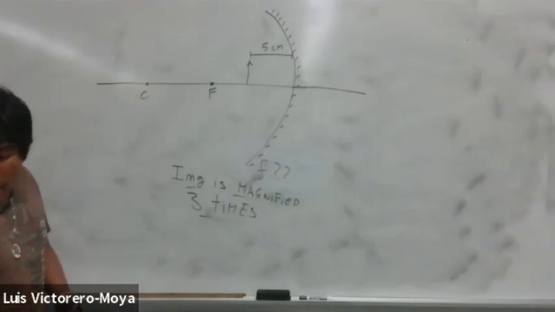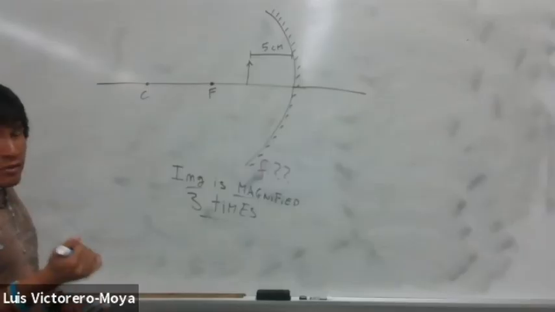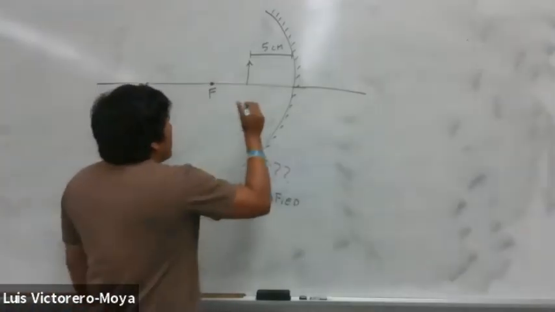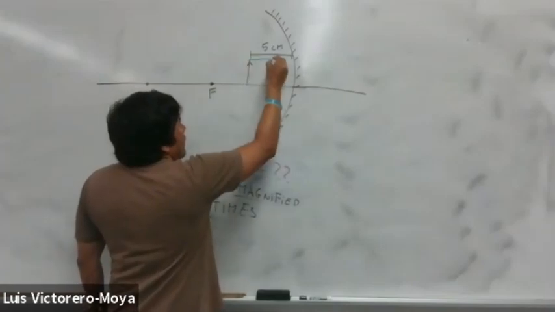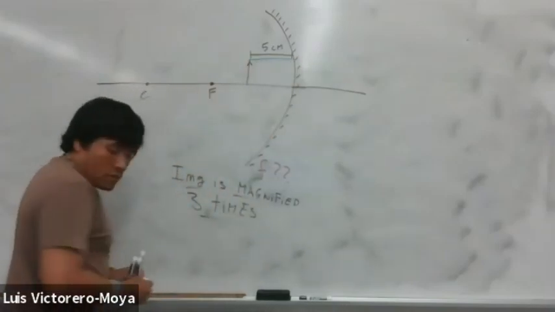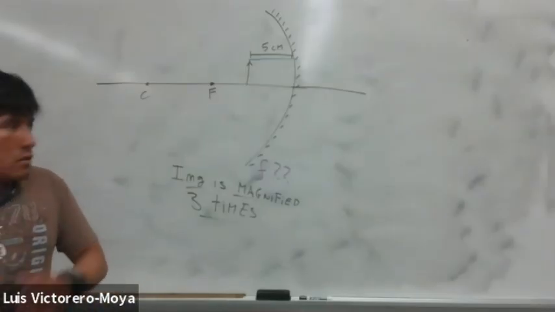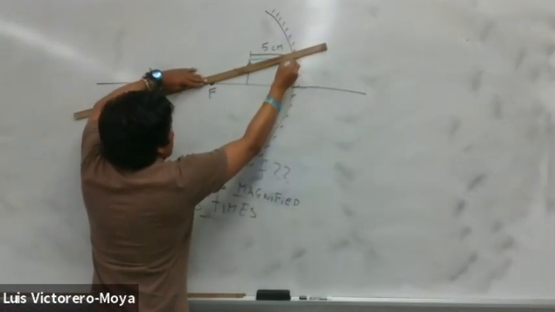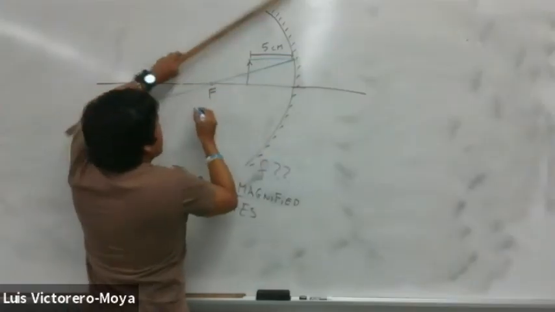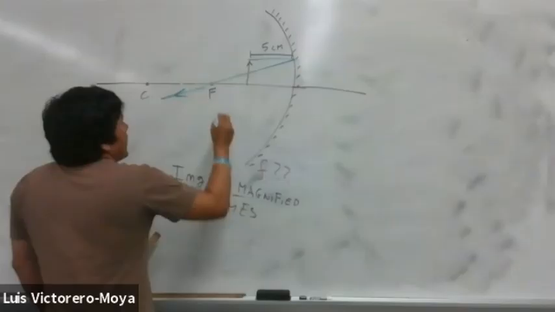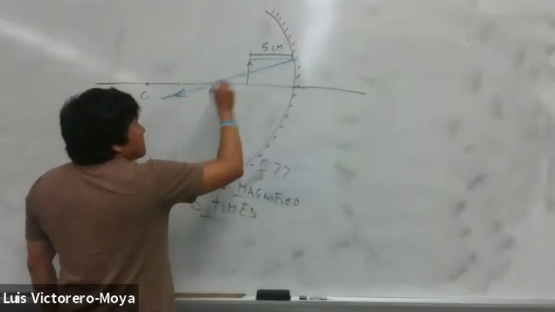So let's remember our ray tracing for concave mirrors. We sort of did it with that problem that we did before, right? But remember, the ray goes through the focal point. So let's use this to draw it there. Right? And then you cannot use the F-ray.